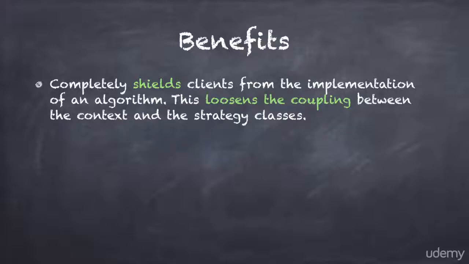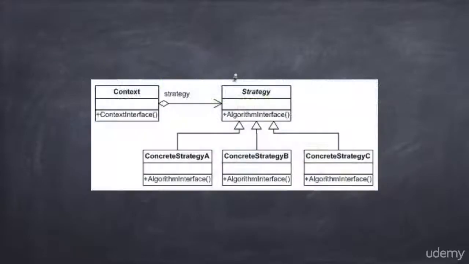Okay, here is the UML diagram of the strategy pattern. The heart of the pattern is the strategy class. This abstract base class declares the public interface of the interchangeable algorithm.